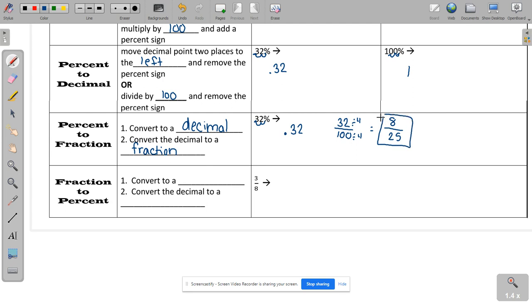The last one we're going to look at is a fraction to a percent. So we have to convert the fraction to a decimal, and then convert the decimal to a percent. So 3/8. We're going to take 3 and divide it by 8.